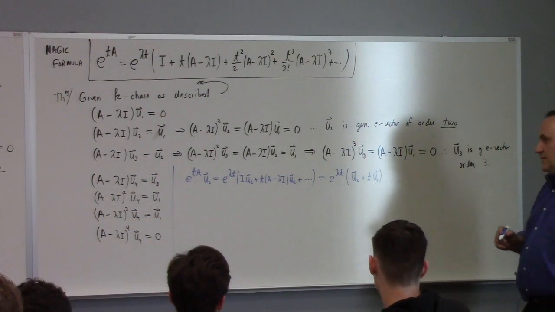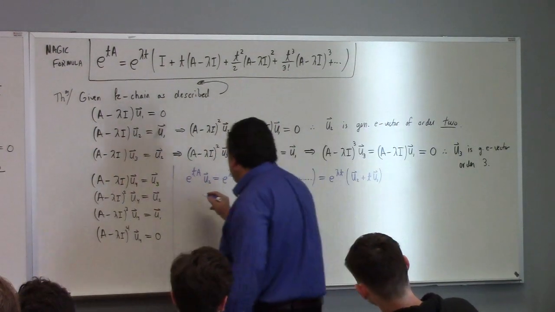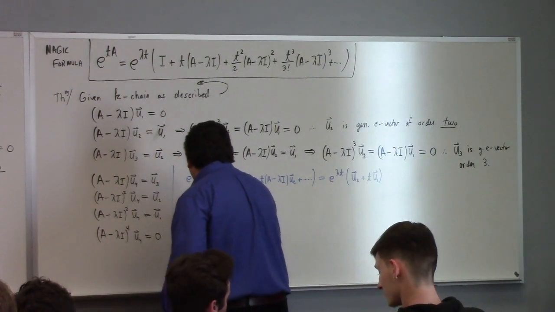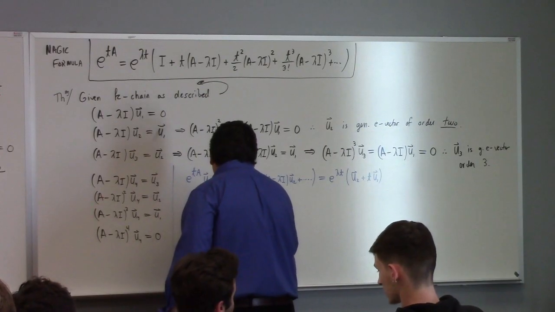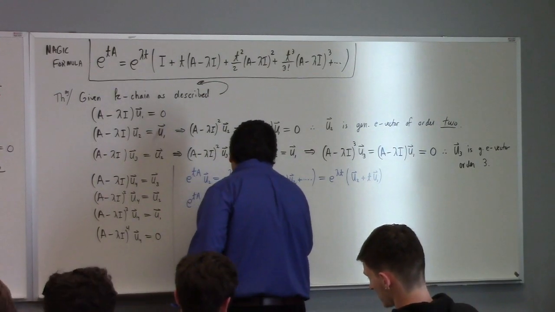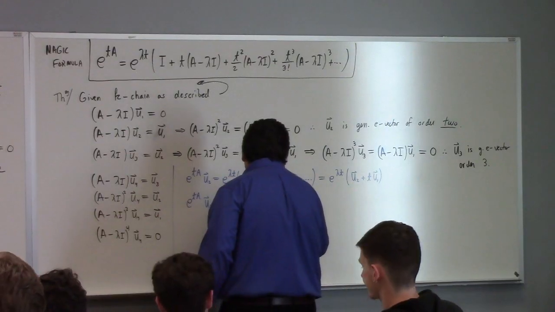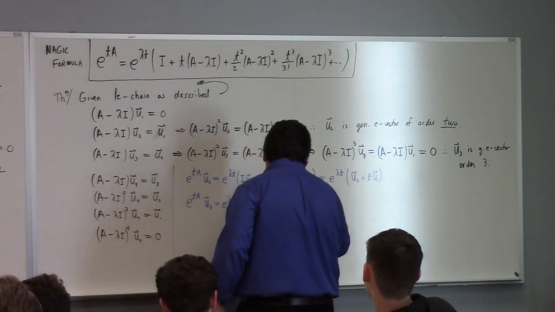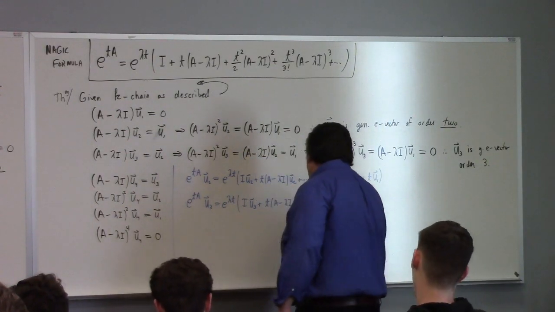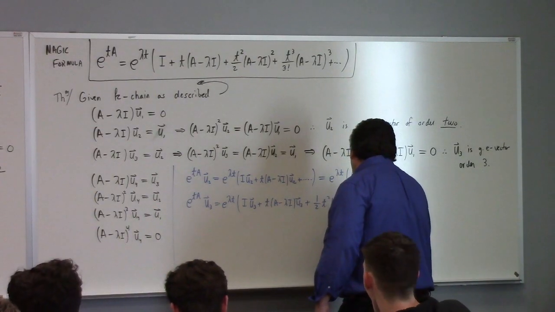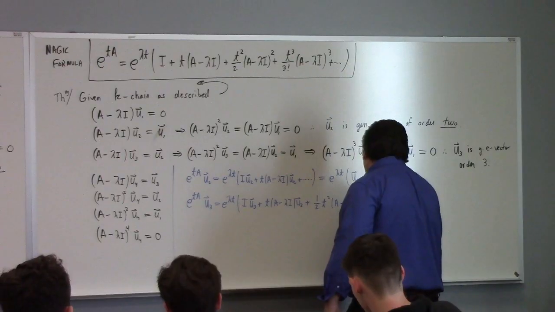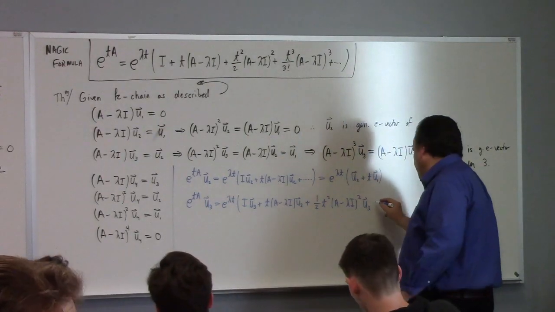That's what happens there. And if we do e to the tA times u3, we get e to the lambda t times (I u3 plus t times (A minus lambda I) u3, plus 1/2 t squared (A minus lambda I) squared u3, plus stuff that goes to 0).